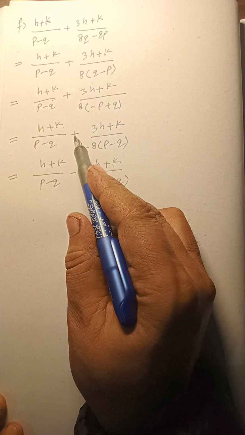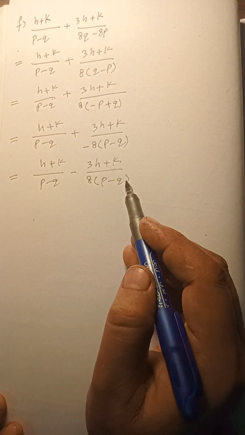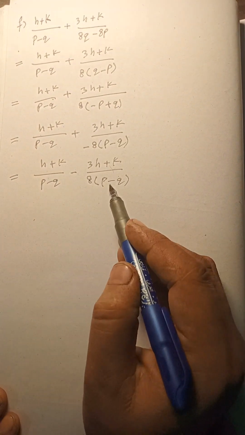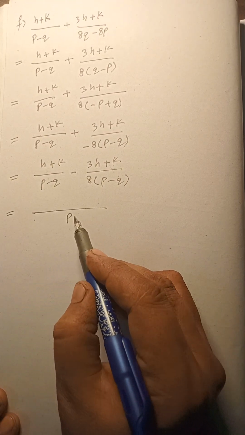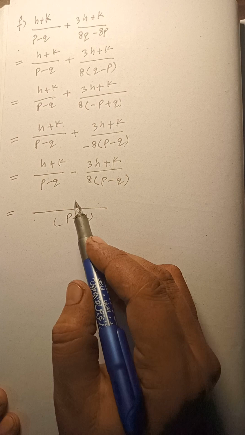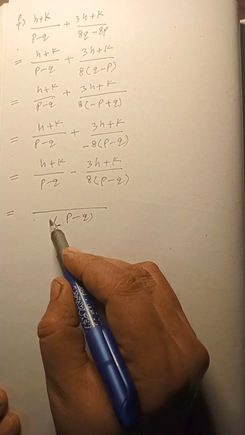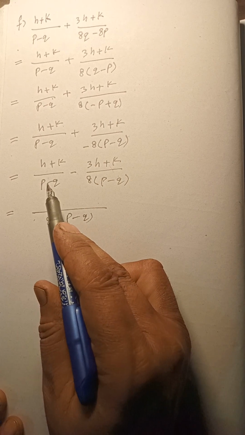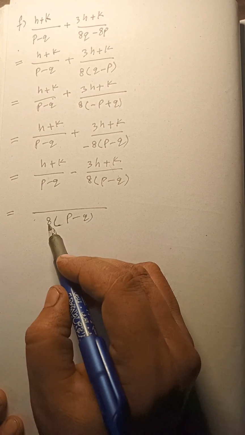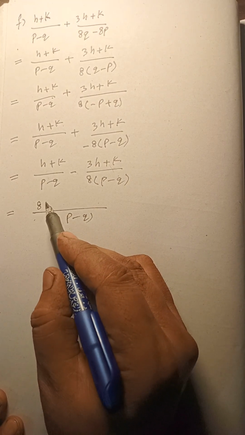And you know that this plus minus has changed into minus, and p minus q is same, so we will take same as common, p minus q, and 8 is not common, it will also be taken as LCM. When you will divide this number by this one, p minus q is cancelled, only 8 will remain our answer.